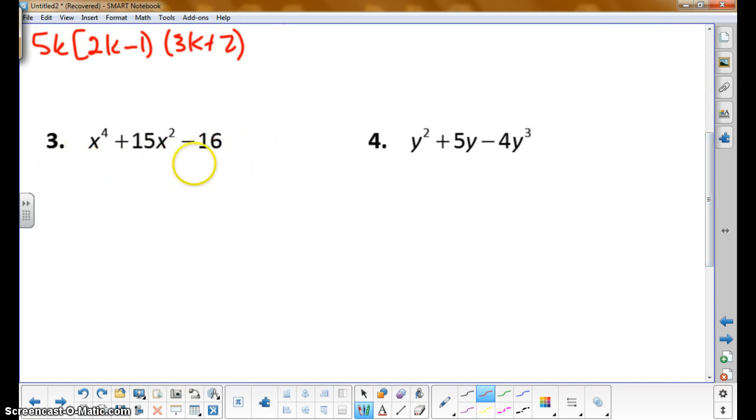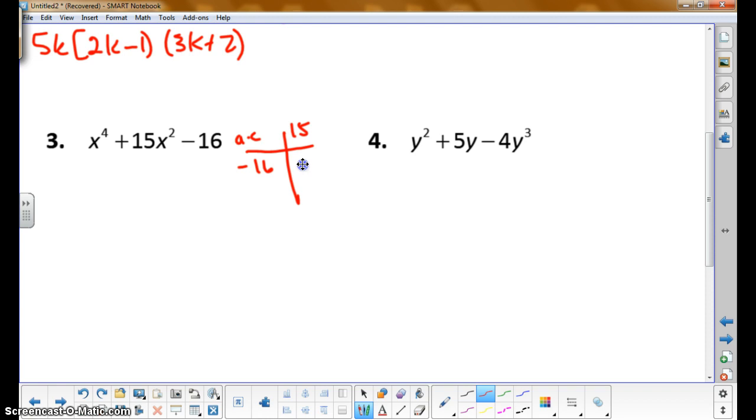I see that it's in descending order. I see that it doesn't have a GCF. So we go, and it's a trinomial, so we're going to go to AC factoring. I see A times C is a -16, and B is a 15.